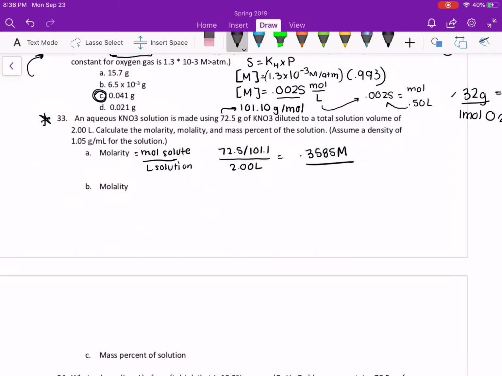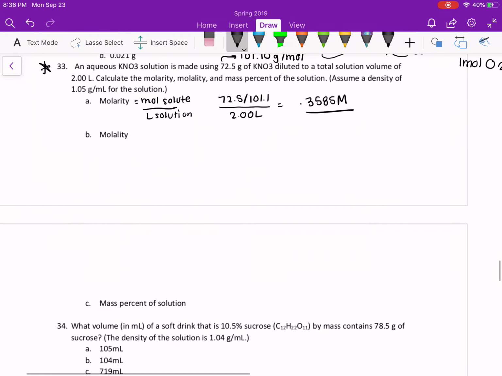The next one is mass percent, which I'm going to hop around because I think it makes more sense. It gives me the volume of the solution and the density of the solution, so it will give me the mass of the solution, right? And it already gives me the mass of the solute, which is 72.5. So you're going to solve for mass first, so 1.05 gram per milliliter.